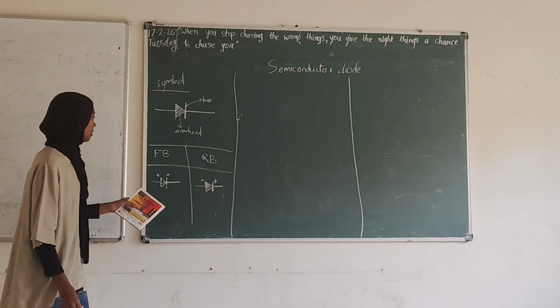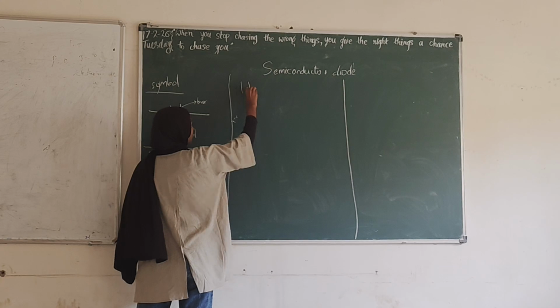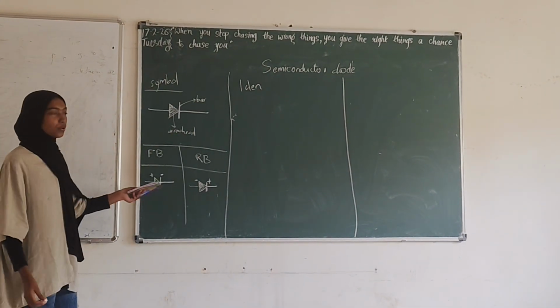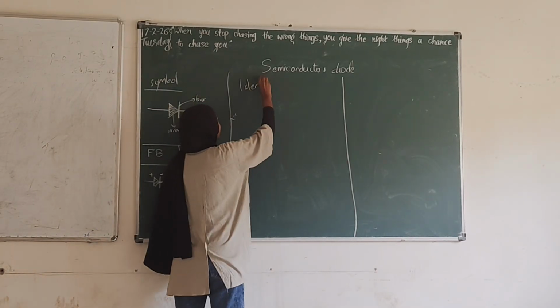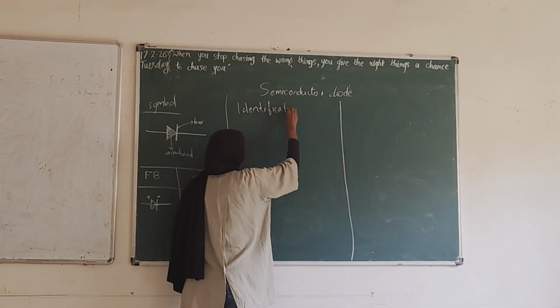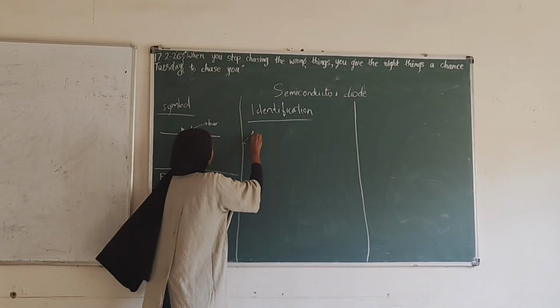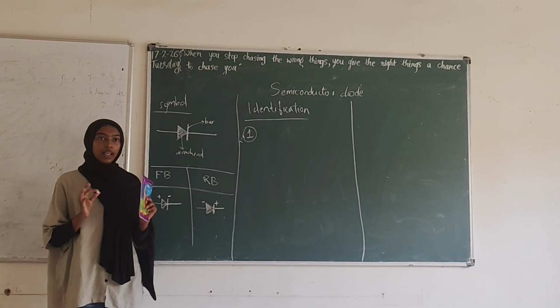So how can we identify forward bias and reverse bias in real life? Because in a real diode, it doesn't show in a single way. For that, we have two methods. The first method is that the symbol will be imprinted on the diode itself.